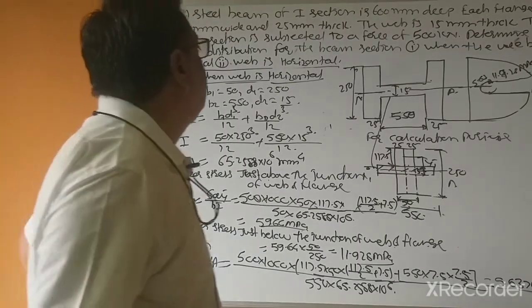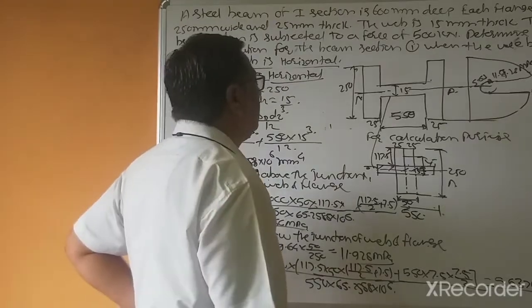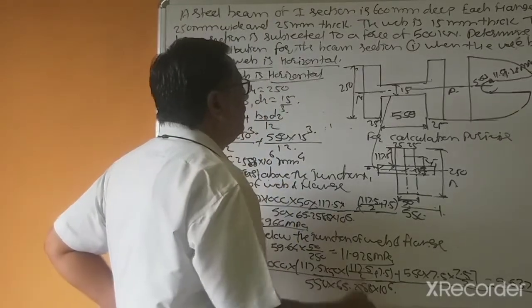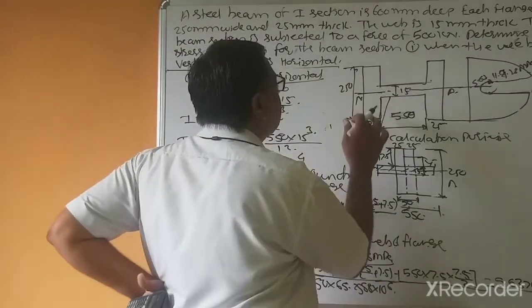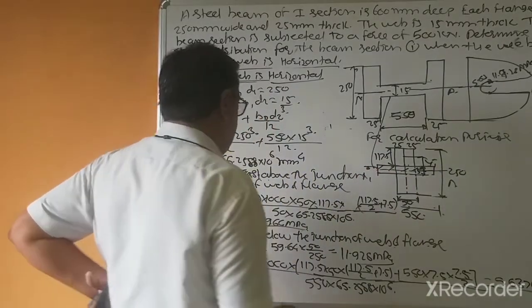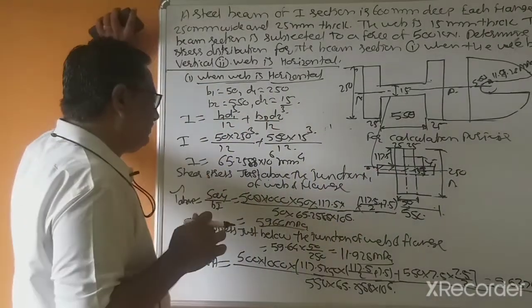So actually this means this web is here 600, so we made a mistake here.